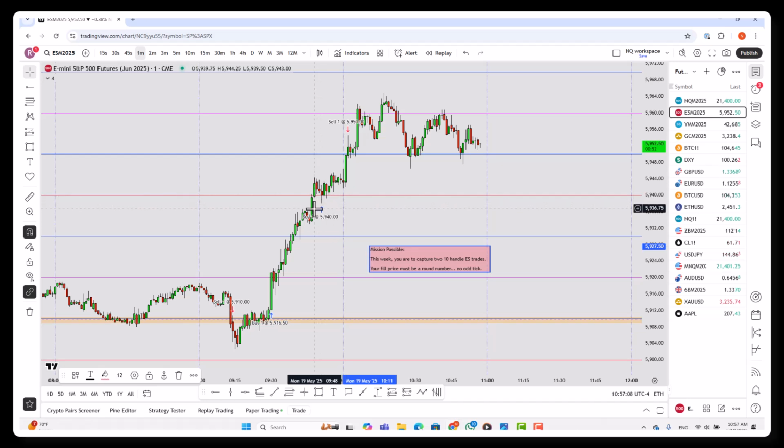Like buying here, fair value gap there. If this is your target, it's pretty good. This sell here did not respect it. There was no fair value gap here before I sold.